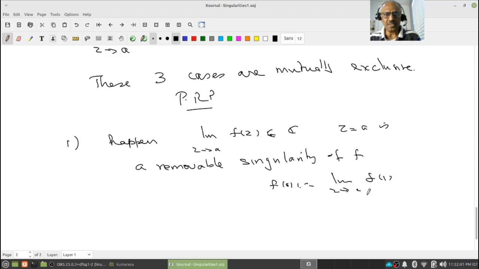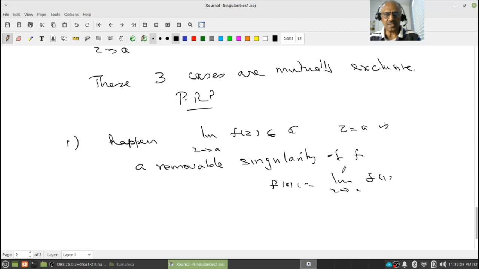Then f becomes continuous, and remember f is continuous on all of B A R, and it is holomorphic on B dash A R. Therefore, by Morera's theorem or the extended Cauchy theorem, f has to be holomorphic. You follow that? Therefore, it's a fake singularity. It's not a genuine singularity. That is why we call it removable singularity.